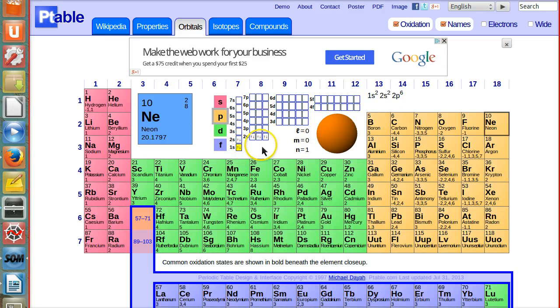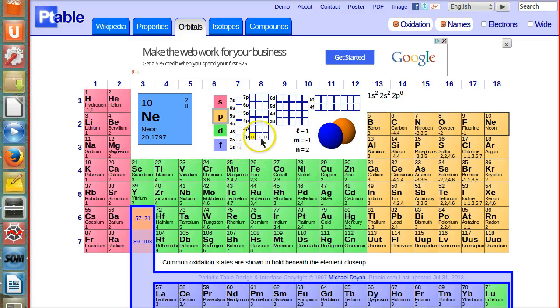Alright, now it turns out the sublevels are subdivided as well. The S sublevel is subdivided into one subdivision called an orbital, and that is represented by the blue box. So there's one orbital there. You'll notice that the S sublevel in the second energy level also only has one box, and so on as we go up. The S sublevel always only has one box. That's one orbital. Each orbital can hold 2 electrons.